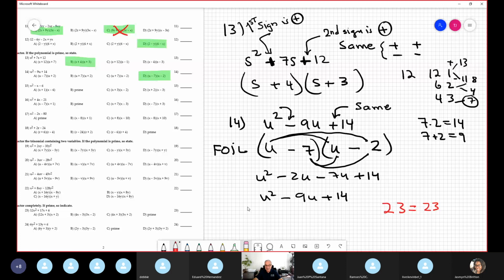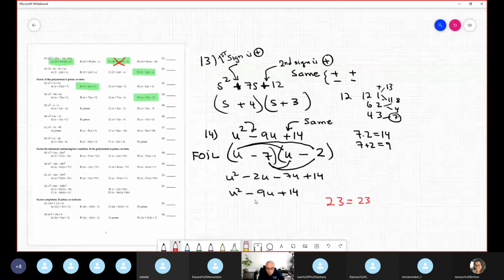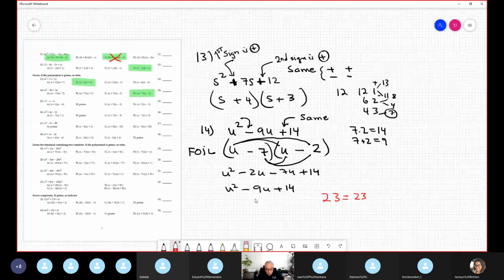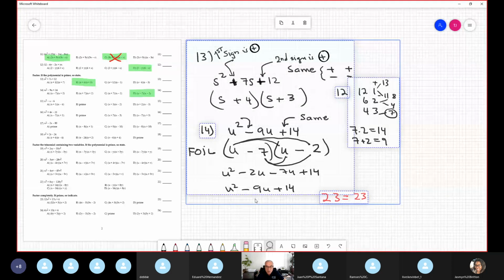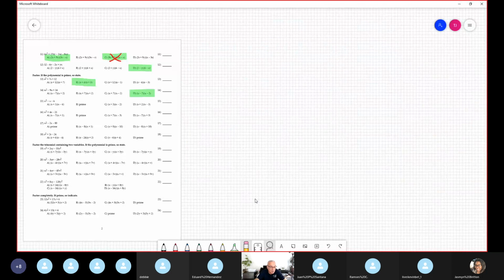So in algebra a similar situation happens. Not every trinomial is possible to factor. Therefore, this is called a prime trinomial, or prime expression in general, not necessarily trinomial, also binomial. Because an expression that is impossible to factor is called prime.